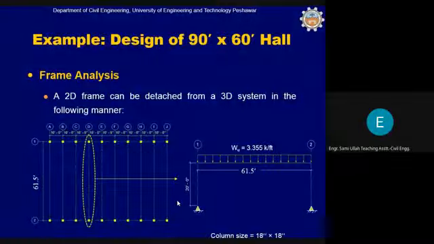If we convert this 3D system into a 2D frame, it will look like this: a beam resting on two columns. Center to center, the distance of the beam is 61.5 feet, and WU, which is the ultimate load on the beam, will remain the same because we will change nothing except the supports. It will be 3.355 kip per foot. Okay.